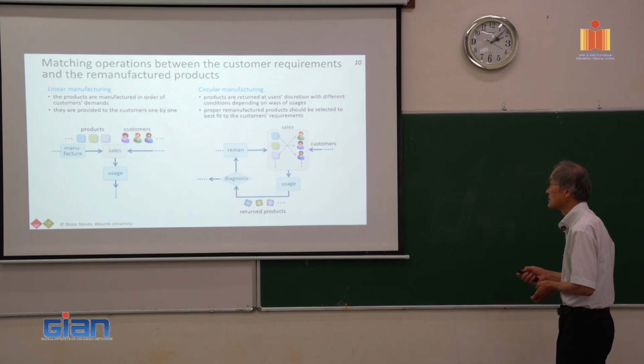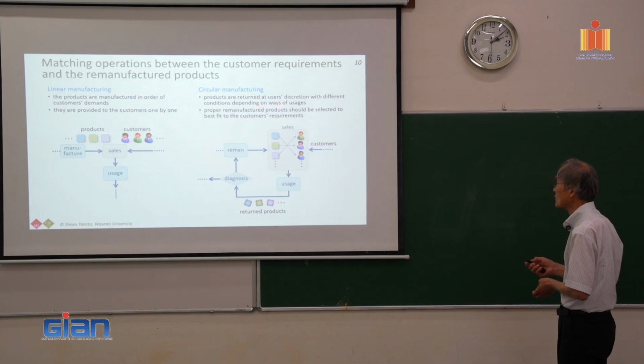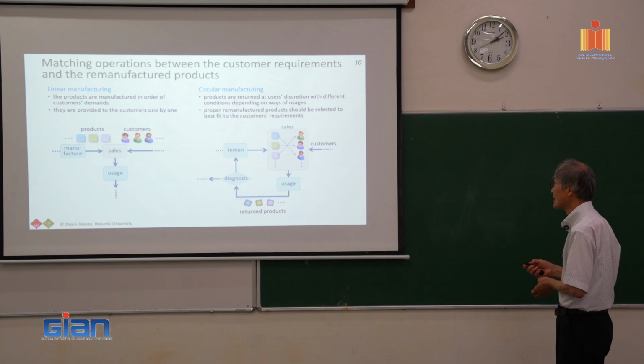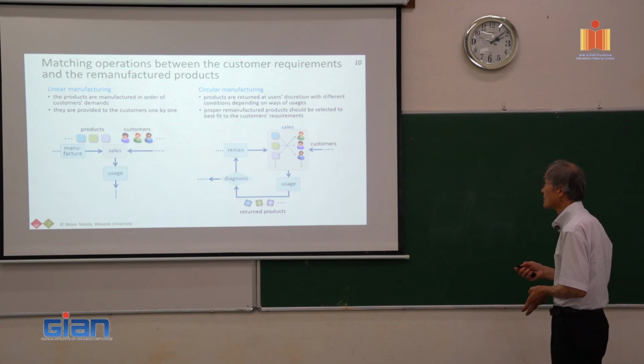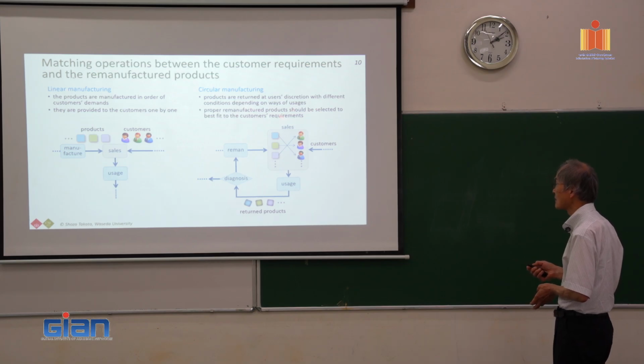On the other hand, in circular manufacturing, products are returned at the user's discretion with different conditions depending on ways of usage. So a properly manufactured product should be selected, or a remanufactured product or a reconditioned product. The level of functional recovery is different, but anyhow a proper product should be selected to best fit the customer's requirements.